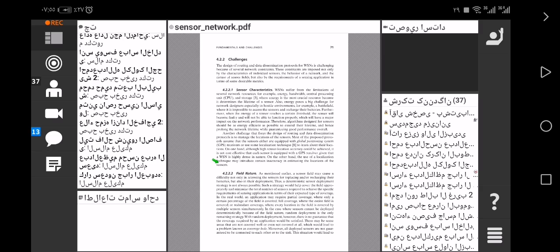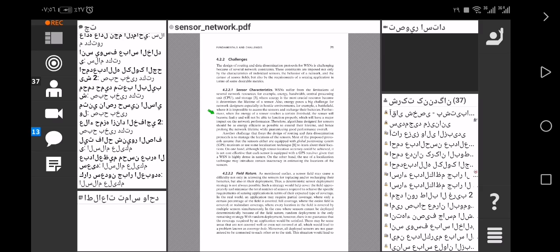In routing and data dissemination, again we have some challenges. Again, sensor characteristics: sensor CPU, bandwidth, processing, battery.